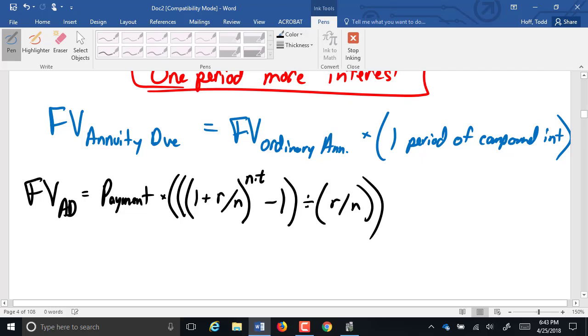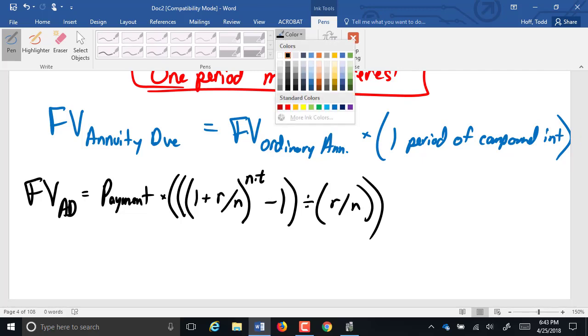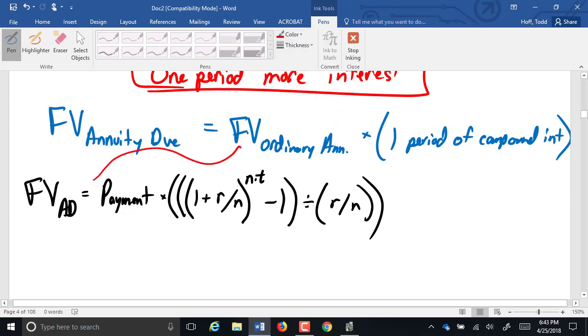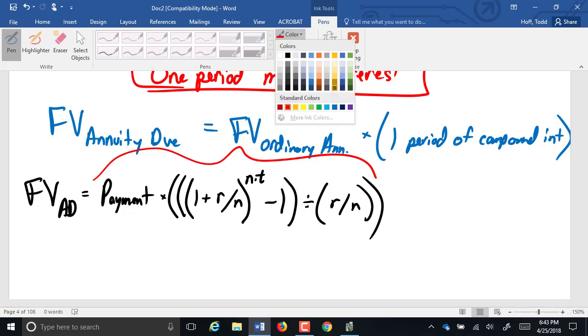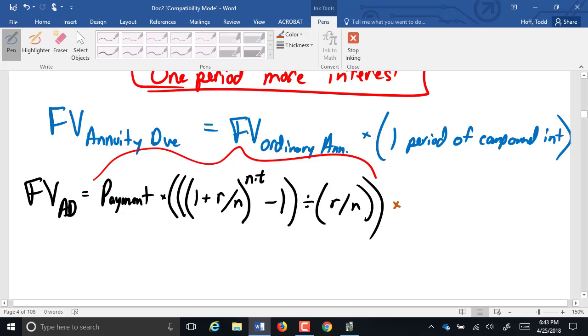Well, so far, that's our complete ordinary annuity formula, isn't it? We said it was the future value of an ordinary annuity, which is what we just found, times, here's the extra piece, 1 month's worth of compound interest.